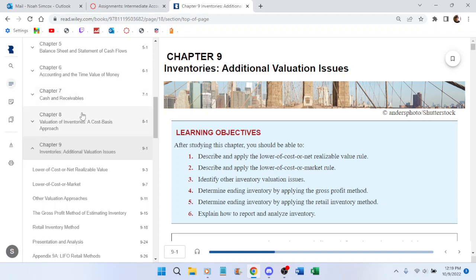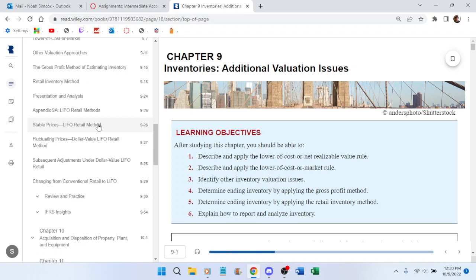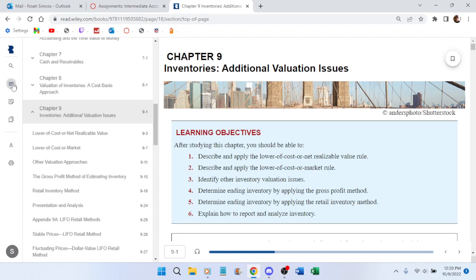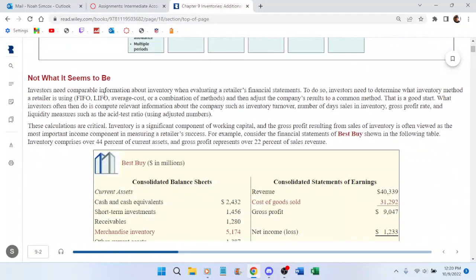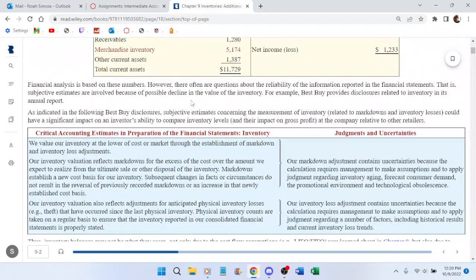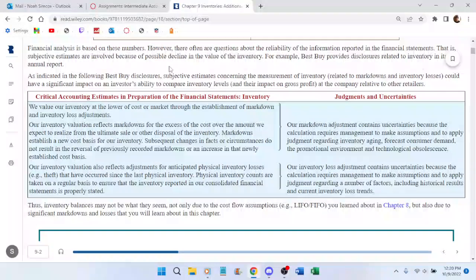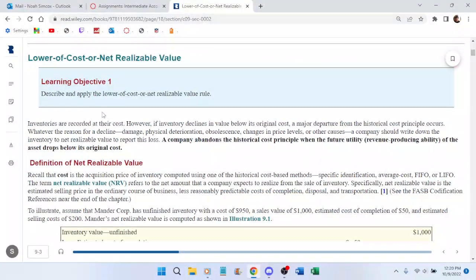We already did chapter 8. Now we're doing more inventory stuff? Oh, man. That's cool. We heard of this before.